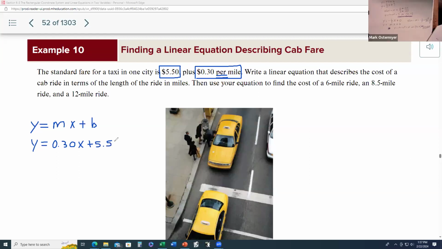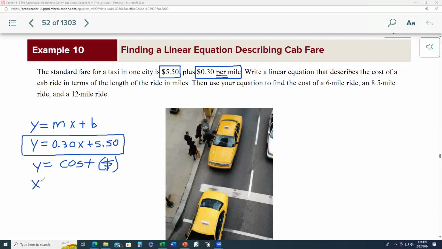Whether you go 1 mile or 100 miles in that cab, you're going to be paying the $5.50 guaranteed. That's called a fixed cost. The variable cost is the 0.30 times x. That depends upon the distance or the length of the ride you take in the cab. Ladies and gentlemen, this would be the linear equation that models this cab fare, where y represents the what? The cost in dollars of the cab ride. And what do you think x represents?